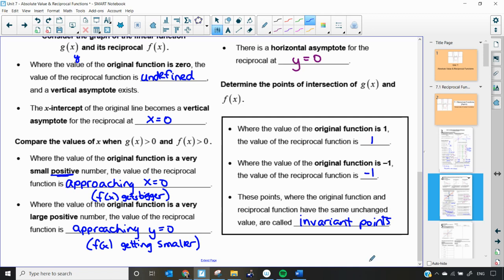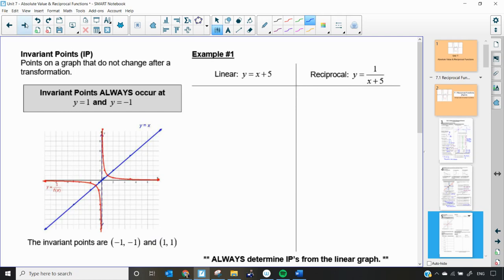All right, so let's take a little bit more of a look at these invariant points. Invariant points are points on a graph that do not change after the graph has been transformed. We're calling these reciprocal functions, but we could also call them reciprocal transformations. Think of other graphs we looked at in the quadratics unit, where we were shifting the graph left or right or up or down, or stretching the graph.